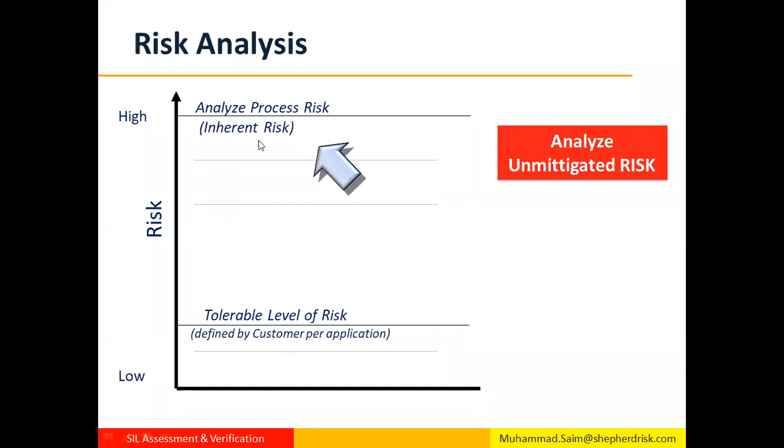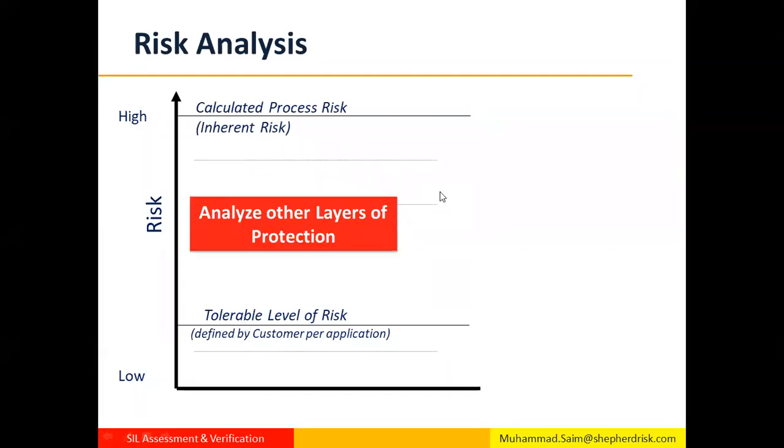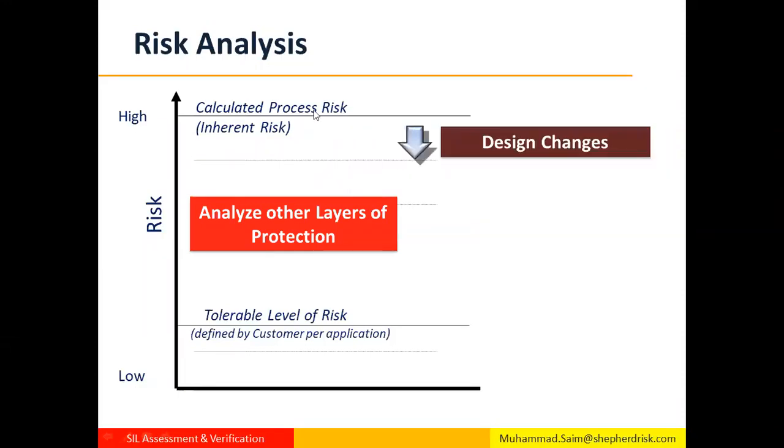If the inherent risk is above the tolerable risk level, then we need to carry out a layer of protection analysis and bring the risk below the tolerable level by making design changes, such as increasing the design pressure of the pressure vessel itself, maybe.